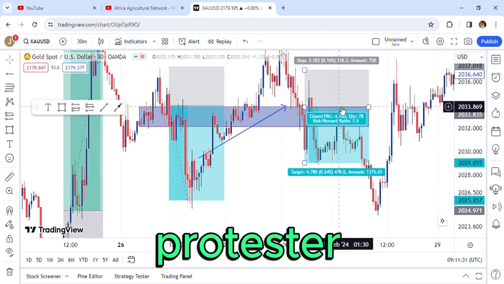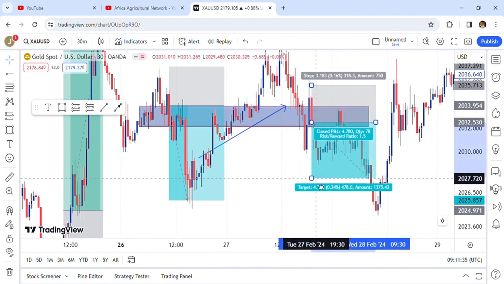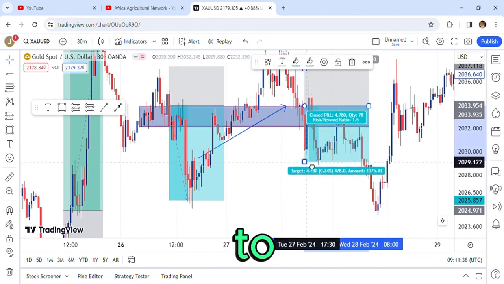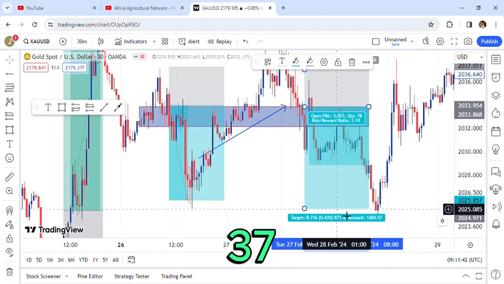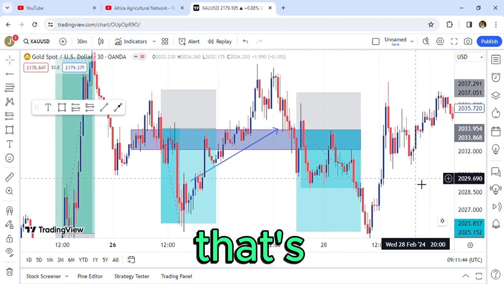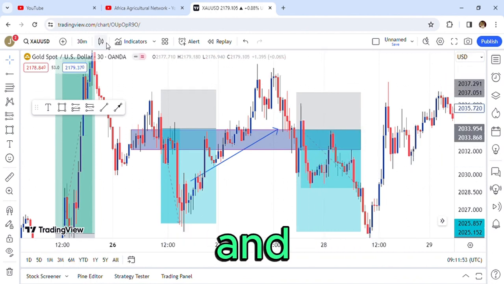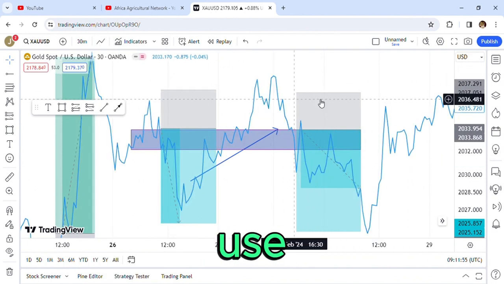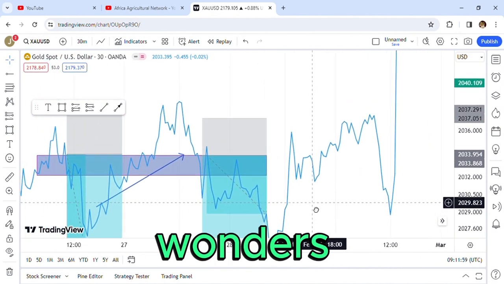Price came back, retested this supply area again, and continued all the way to the downside, giving us 87 pips. That's how you spot head and shoulder patterns, which are not so perfect, but for you to determine them and clearly train your eyes to see them, just use the line chart. The line chart will do you wonders.